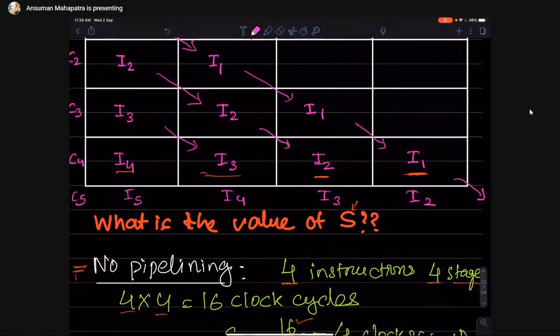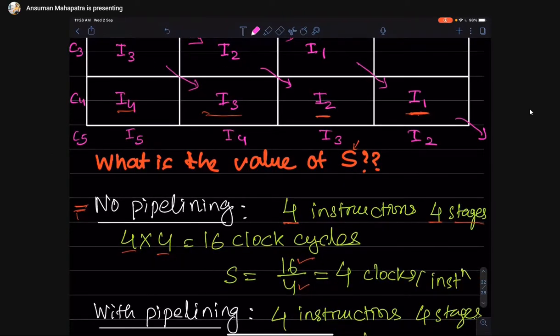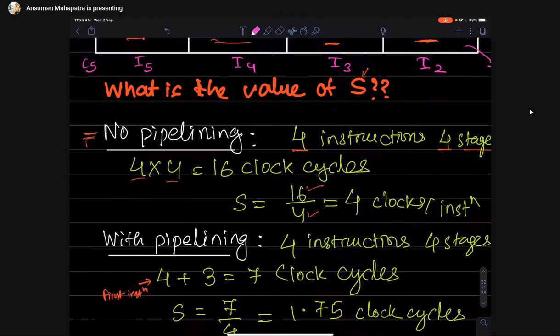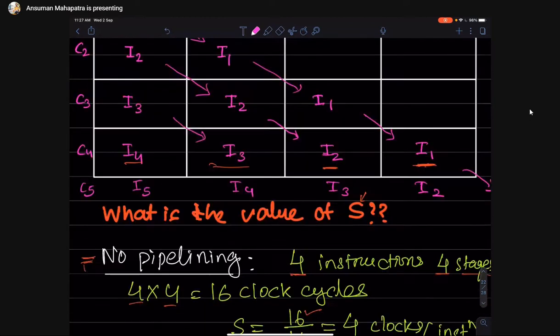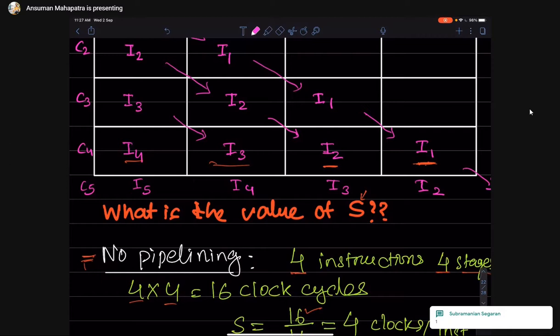Understood? So how to calculate the number of cycles taken by 4 instructions? For the first instruction it takes 4 cycles. How many cycles will the second instruction take? When the 4 cycles are running, the previous instruction was just behind it, so it will take only 1 cycle.